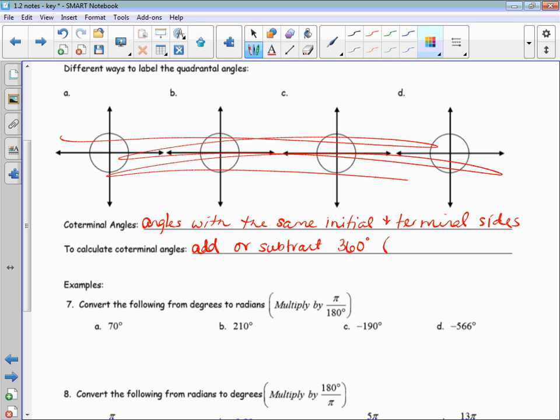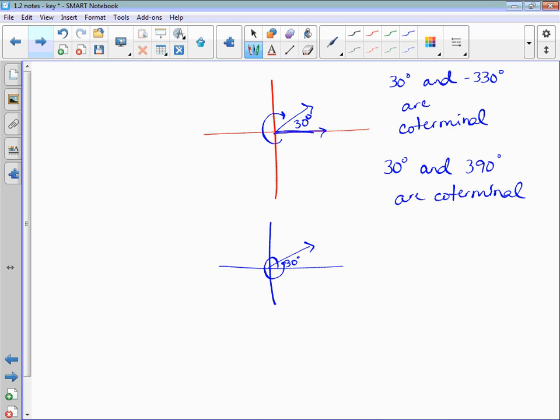Or if it's in radians, what would we add or subtract? What was the same as 360? 2 pi. So let's look at these one more time.